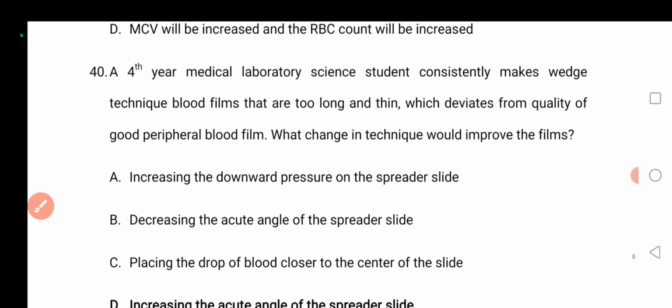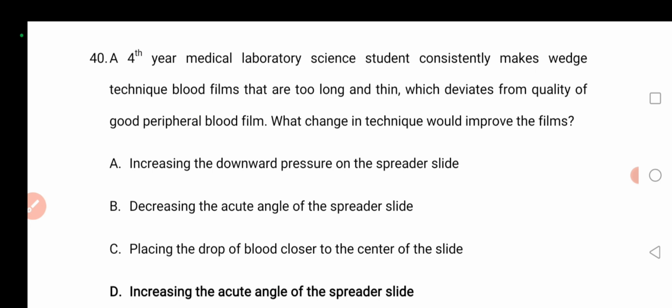Number 40 says a medical lab science student consistently makes wedge technique blood films that are too long and thin, which differs from the quality of a good peripheral blood film. Which change in technique will improve this? If our smear is too long and thin, what will be the cause? Maybe our angle of spread is too low, too small. So increasing the angle should be considered.